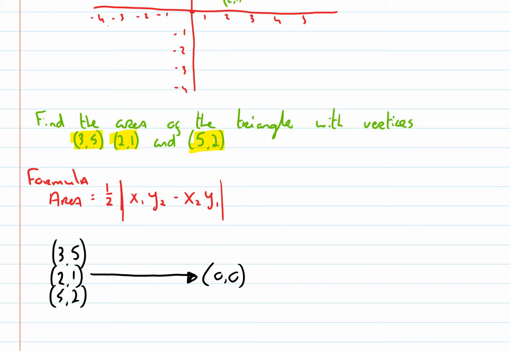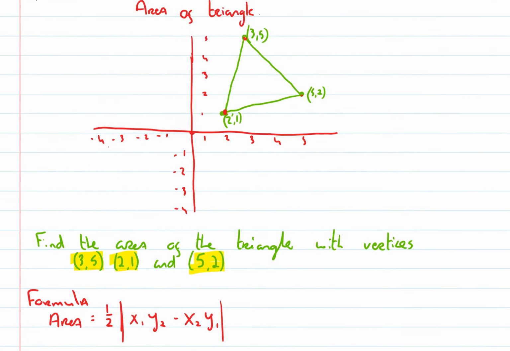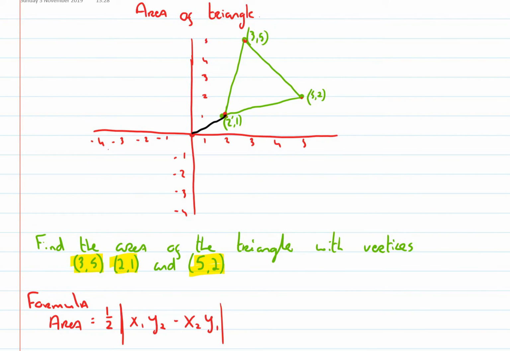Now I ask myself, what did I have to do to make (2, 1) into (0, 0)? I had to minus 2 from the x, and minus 1 from the y. Whatever I do to get that to (0, 0), I do the same to the other two points, just like up here.